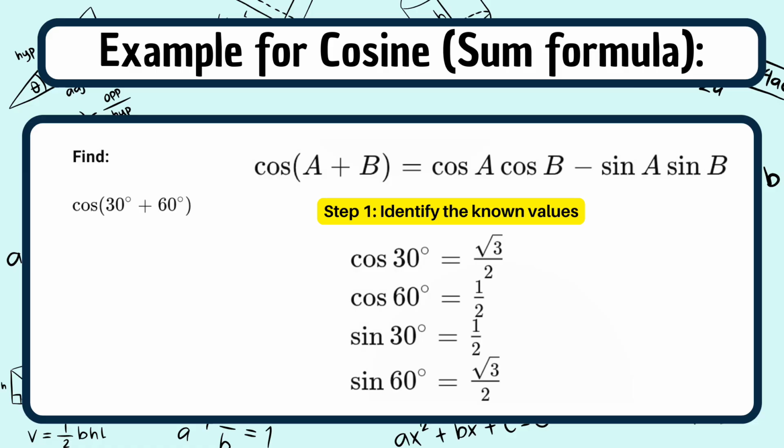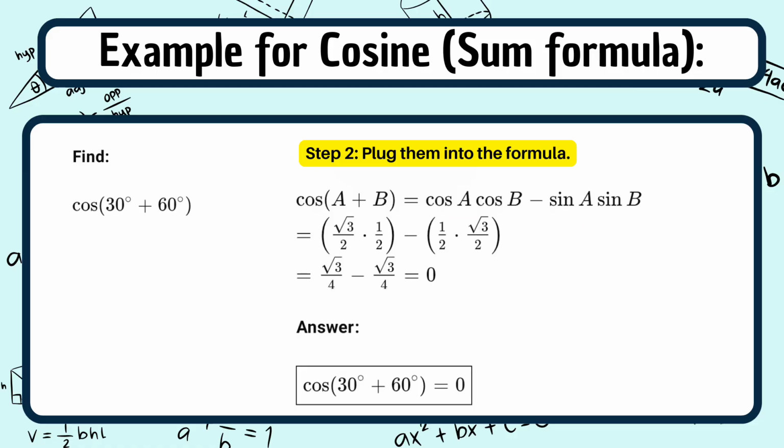Identify the values. After that, let's proceed to step number 2. Plug them into the formula. Then calculate. So we have the final answer, which is 0. Therefore, cosine 30 degrees plus 60 degrees is equal to 0.